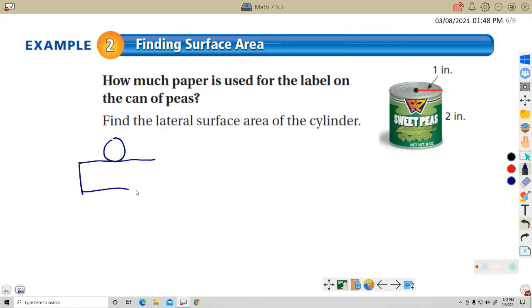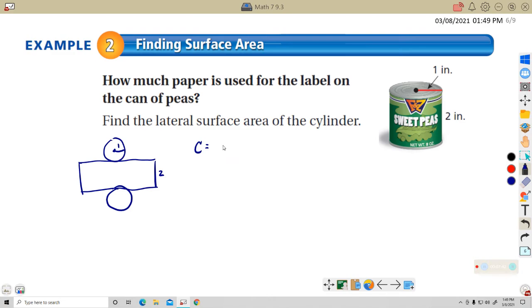I'm going to sketch out a net here. So this is 1. Looks like a smiling Pac-Man or something. And this is 2. Okay, so we need to find the circumference of the circle, because the circumference of the circle is going to be the length of this rectangle.